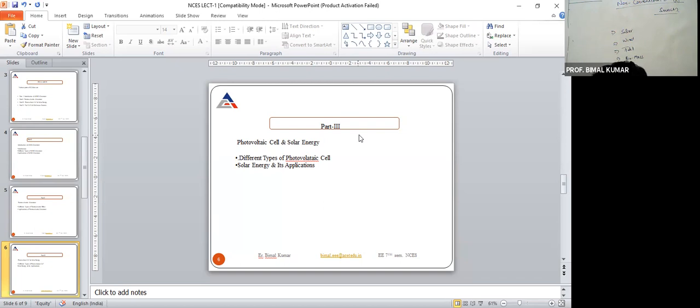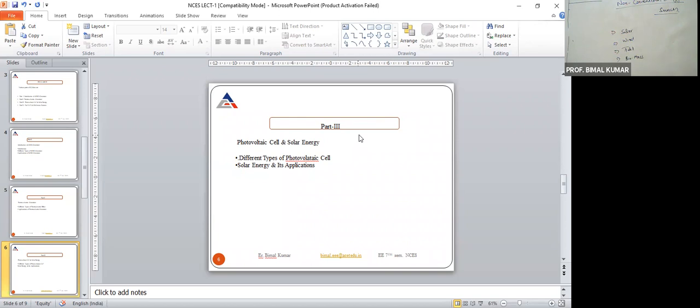There is no other difference between the ordinary diode and this photovoltaic diode. Both are p-n junction. The difference is only for the material. In case of the ordinary diode and in case of the photovoltaic cell or photovoltaic diode, material used are different. In this case, junction will break due to falling of the solar energy across that junction, right?